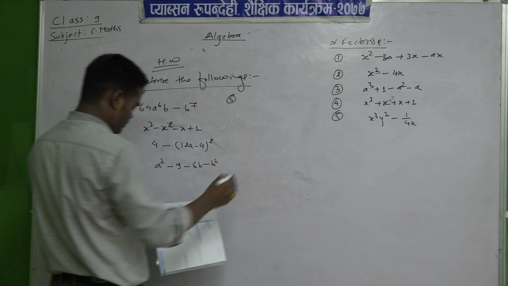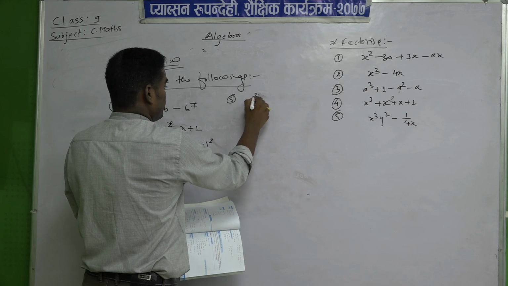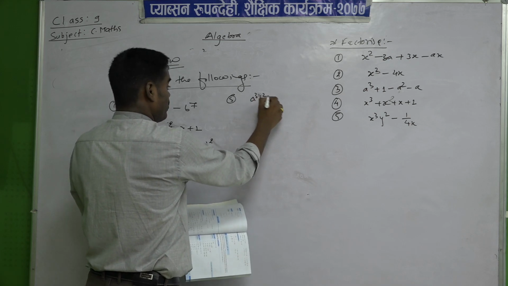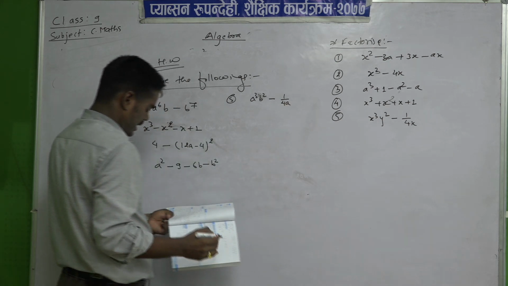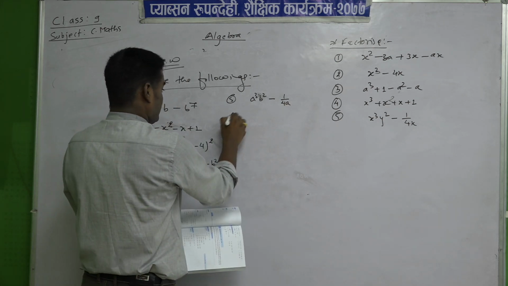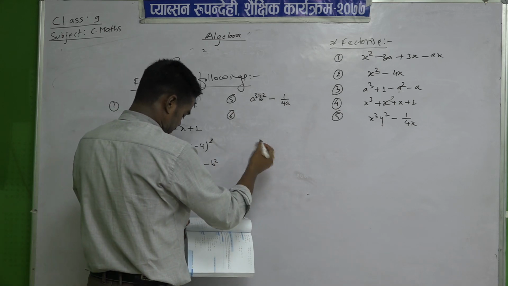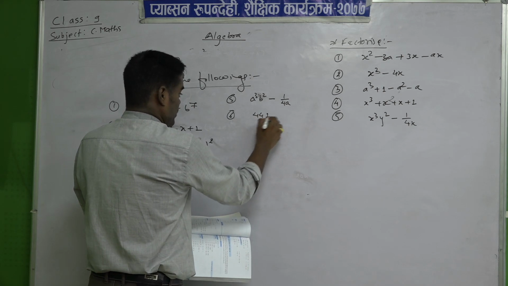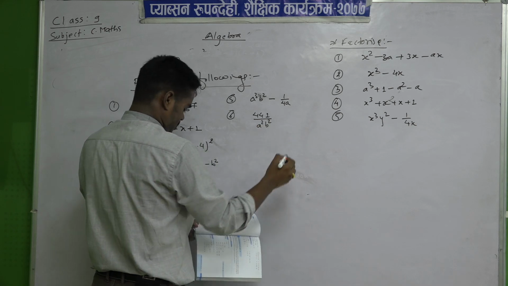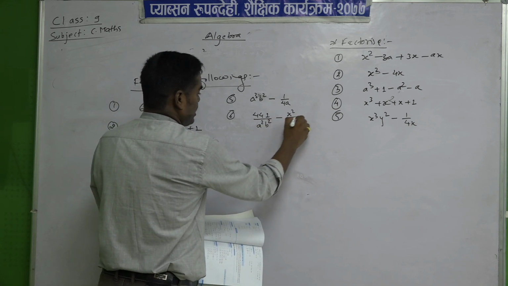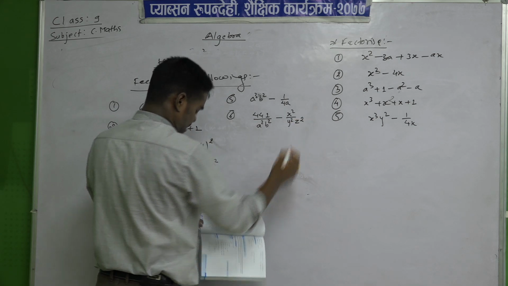Number 5: a cube b square minus 1 by 4a. And then number 6: 441 by a square b square minus x square y square z square.